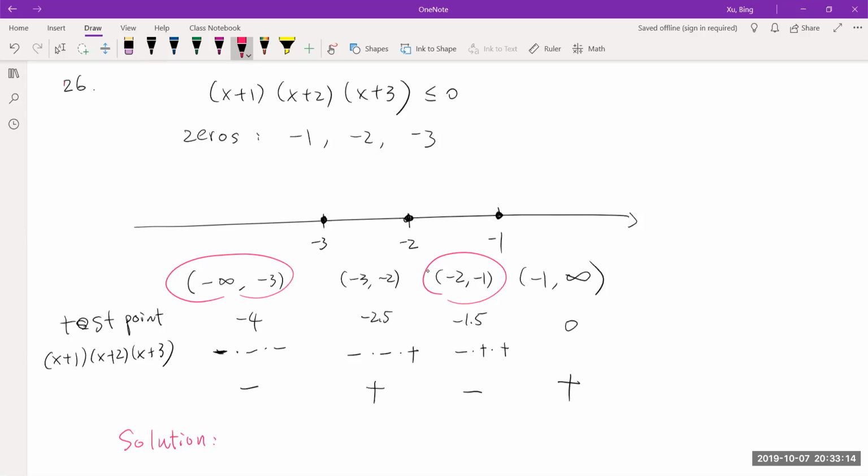From negative infinity to negative 3, and this negative 3 needs to be included. Union, negative 2 and negative 1 need to be included, so closed interval, negative 2 to negative 1. Any questions on this problem?